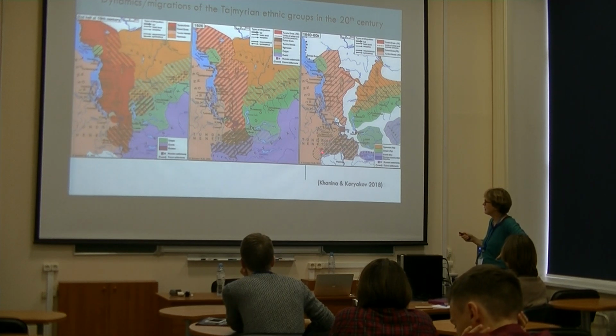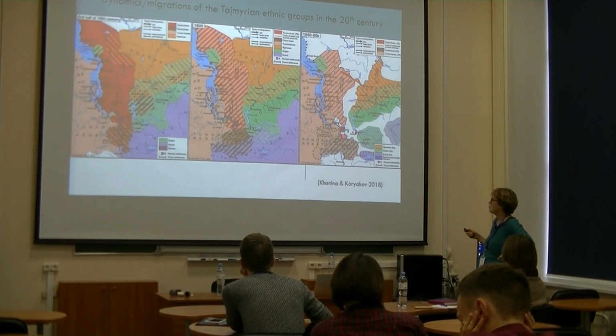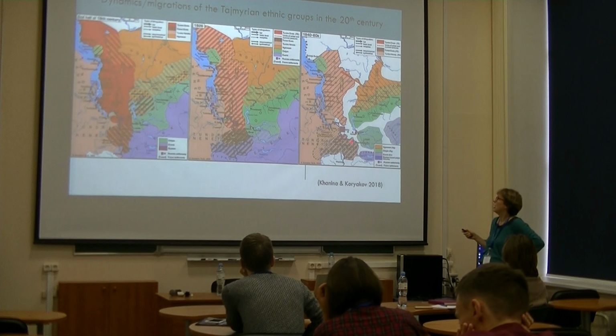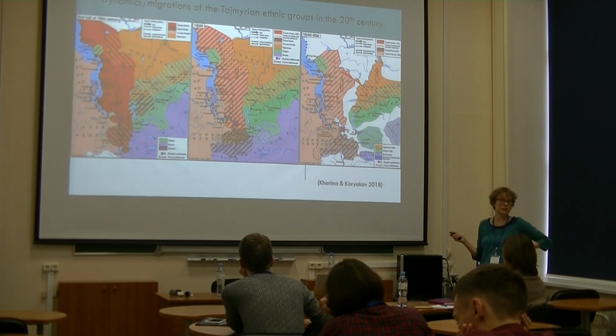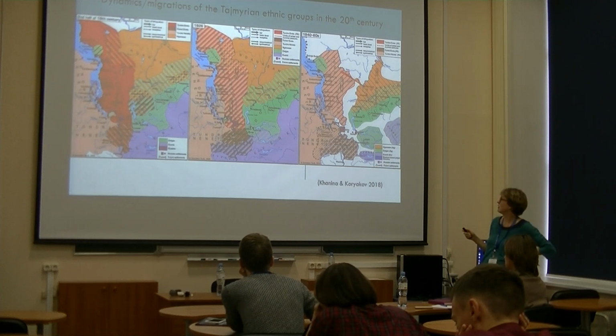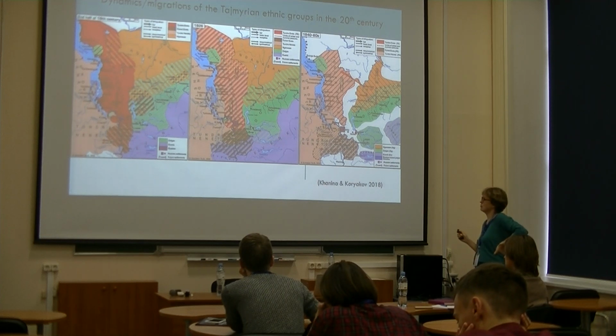And this is, again, if we speak about the size of this territory, maybe 100 by 100 kilometers, and about 300 to 500 people living here. So it's really not many people meeting each other every day.